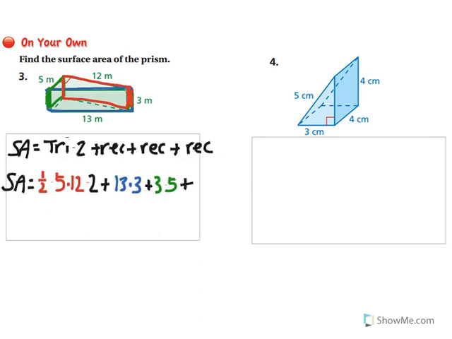Again, it's 3 high, and it's 12 going across. You notice that the 3 is the number that repeats for all of these, right? You'll always find that there's one number that repeats for all the rectangles. It's usually the height. So I plug all this into my calculator, and when I do this, I should get 150 meters squared.